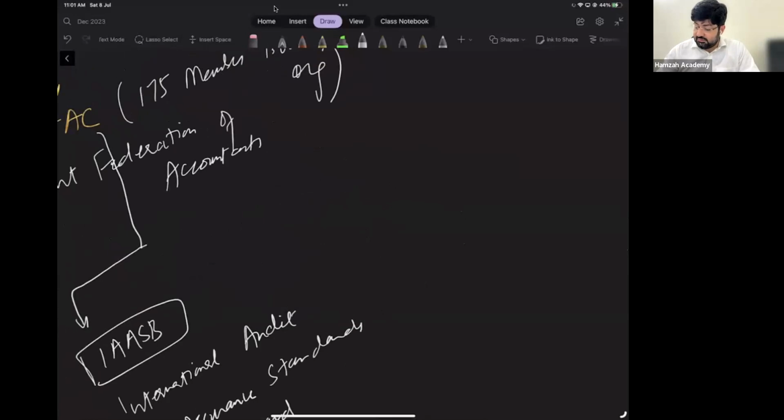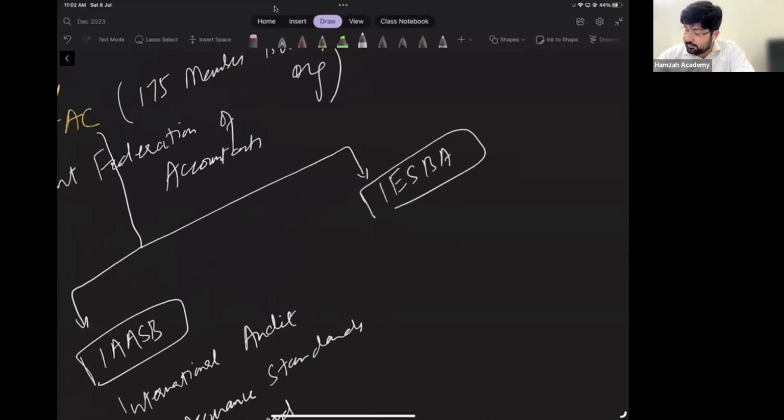Okay, I will explain. Let me write the name of all 4 one by one. The second is IESBA, International Ethics Standards Board for Accountants.